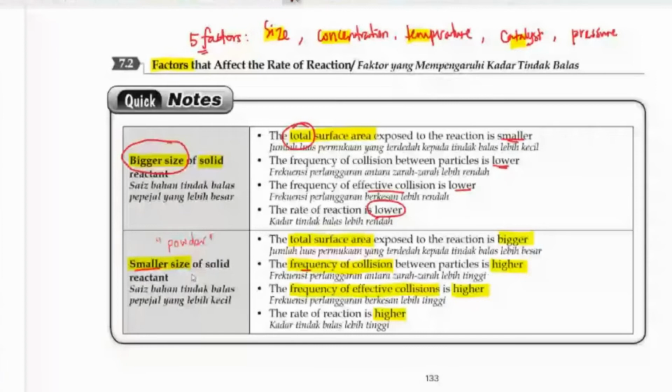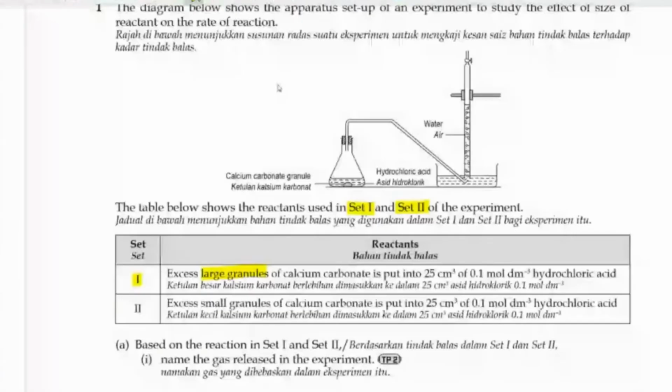In set 1 we see large granules of calcium carbonate, put into a volume and concentration of hydrochloric acid. For both sets, the hydrochloric acid volume and concentration are the same. But set 2 has small granules. One is big granules, one is small granules. So the most significant difference is the size.